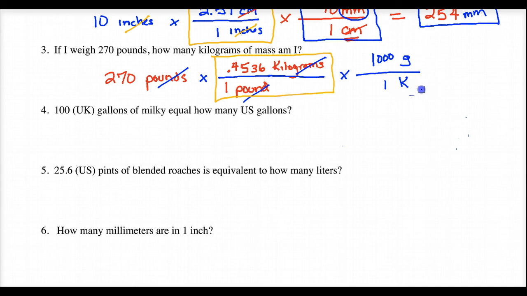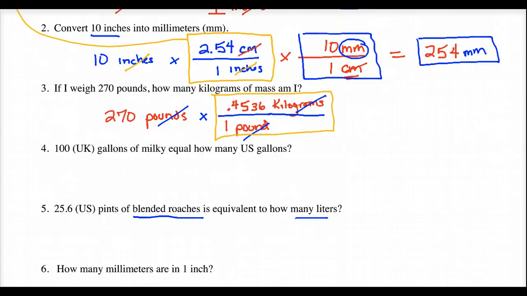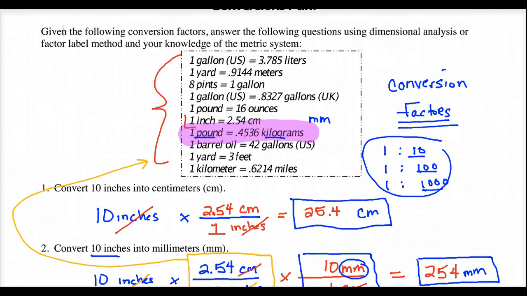Okay, it's not part of the problem, but let's continue on. Now, this next question: 25.6 U.S. pints of blended Roaches. Good. Wants to go to how many liters? So they give you U.S. pints, and they want how many liters? So let's see if there's a pint to liter. Okay. There is no pints directly to a liter. Do you see that? I don't see pints to a liter.